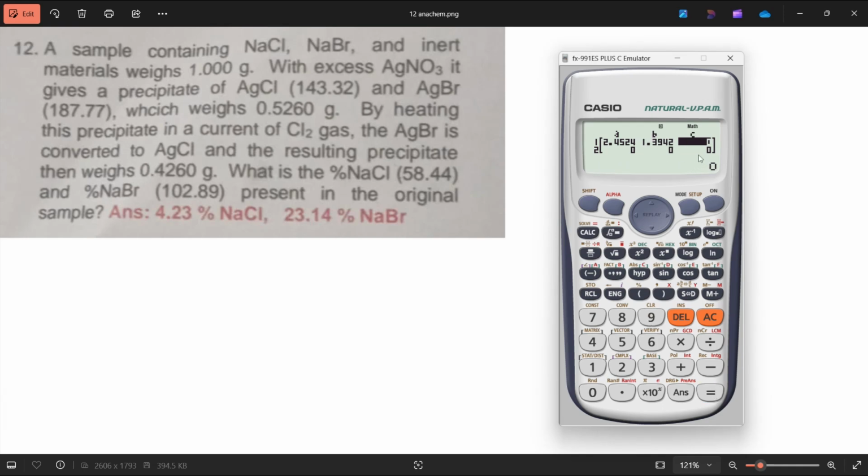And then we plug in here the value of the sample after the first precipitation, which is 0.5260 grams.